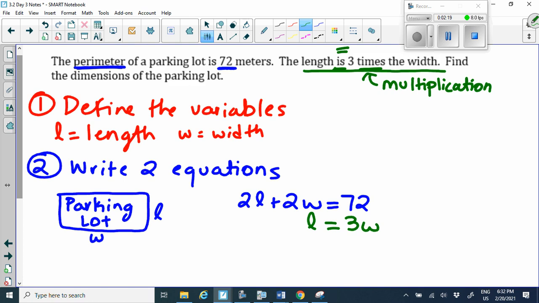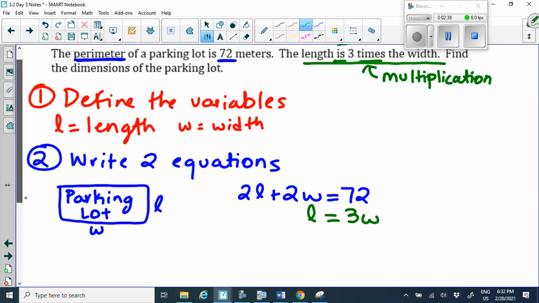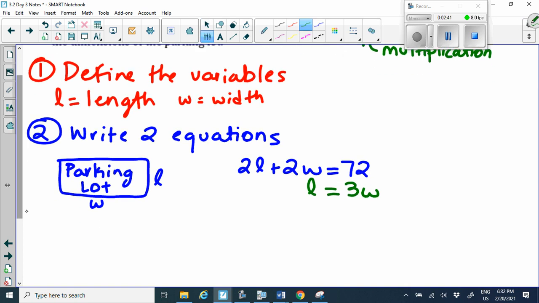So just know for these type of problems, like from last example and this one, when you have perimeter problems, one of your equations is going to deal with the perimeter, and then the second equation is going to come probably from the next sentence, okay? Now, our next thing, once we have our 2 equations, we are going to go ahead and solve.